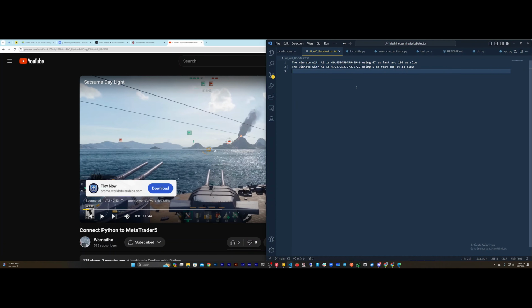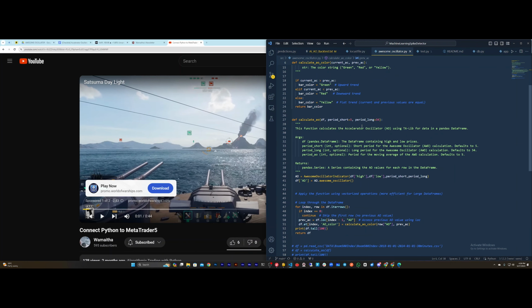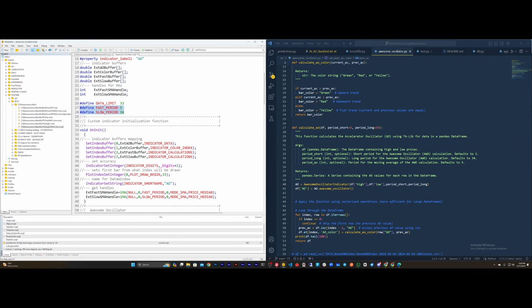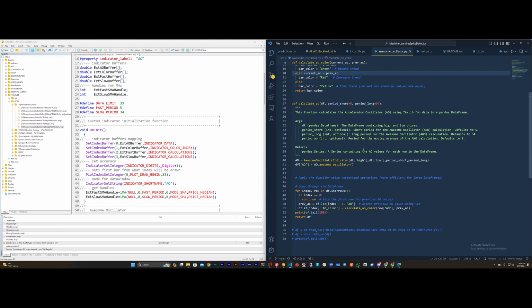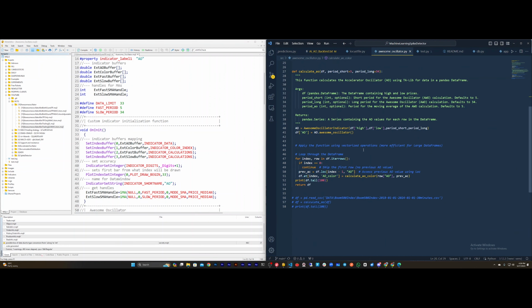if I used the AI with the 5 and the 34 awesome oscillator, this is almost the same code that we have in MQL5, just a different programming language. This is MQL5, this is Python. So I replicated the same code in Python.